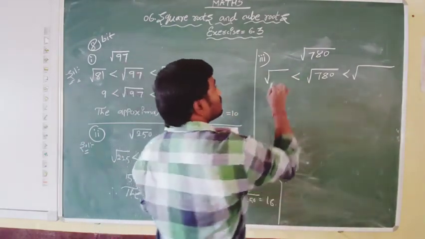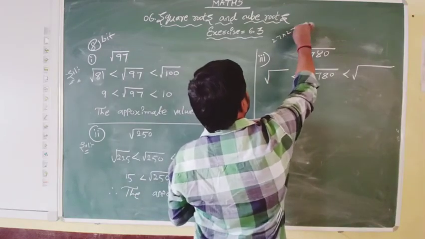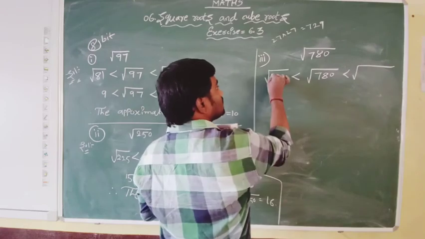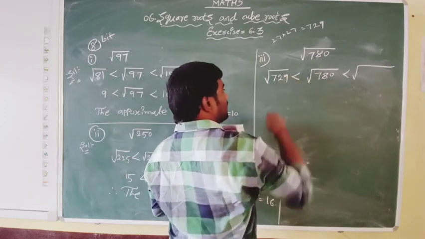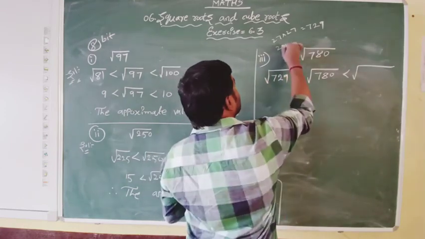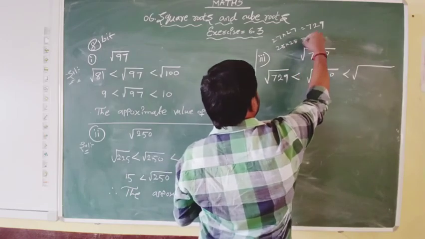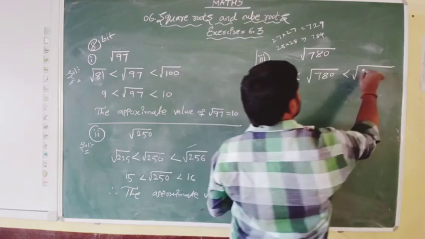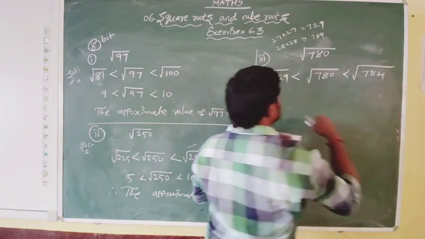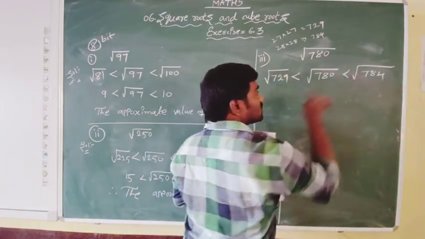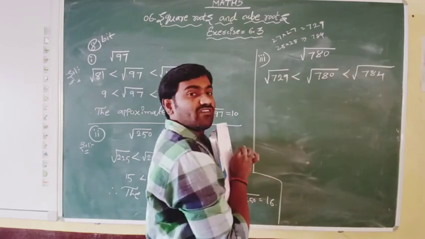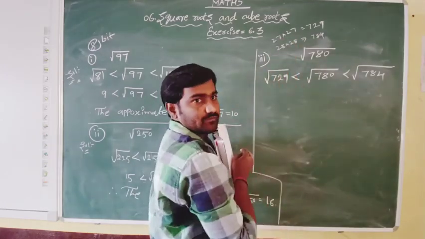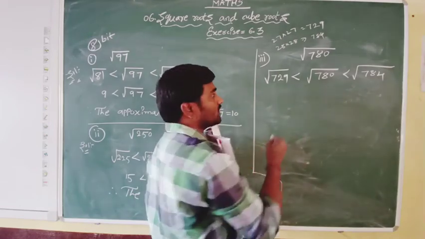Here what will we get? 27 into 27, that is 729. Then 28 into 28, 784. 27 square, 28 square. This square root of 780 is between 27 and 28 only.